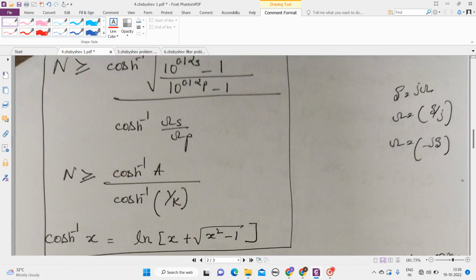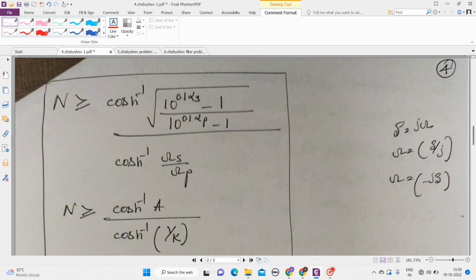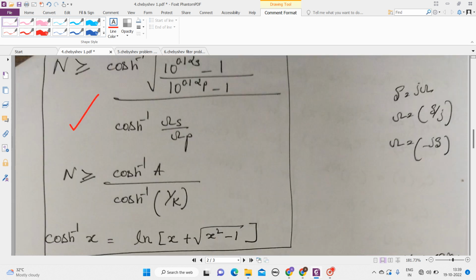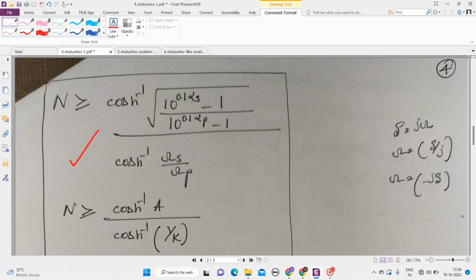These are the formulas. In order to find the order of the filter, you have to memorize these formulas, or equations. While discussing the problem of the Chebyshev filter, we will see these formulas there. Just note down these formulas. You will get these formulas in any DSP book.